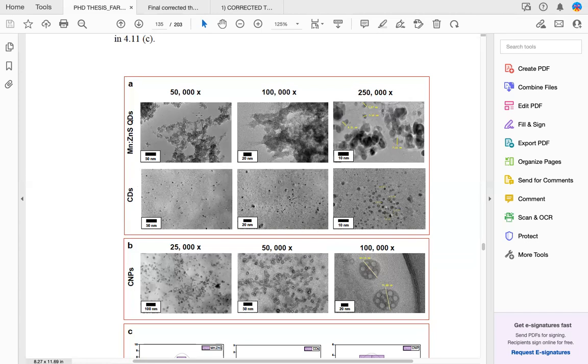You must compare with the same parameter. If I want to compare 50,000, then I should have 50,000 for carbon dots as well. If I want to compare 100,000, I should also have a result for 100,000. I cannot compare a magnification of 50,000 for manganese-doped zinc sulfide with 100,000 for carbon dots.